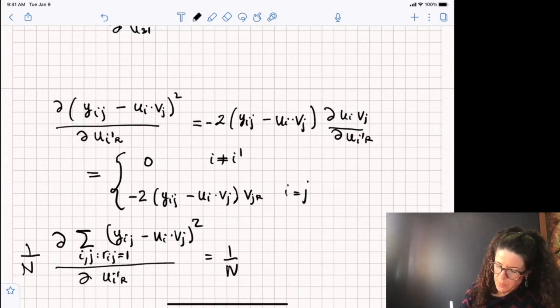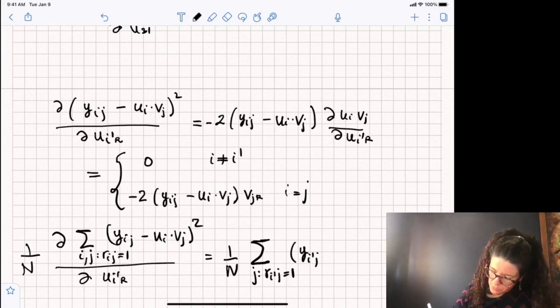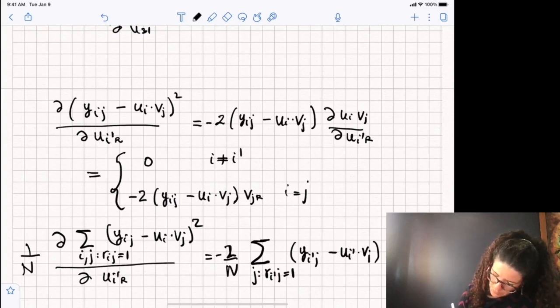Notice that if i and i prime are not the same, the derivative of the internal sum is 0, so I'm not going to sum over i anymore, because everything that is not i prime is 0. I'm going to sum over j for r i prime j equal to 1, of y i prime j minus u i prime times vj, and we had a 2 over here and a minus, and then vjk.